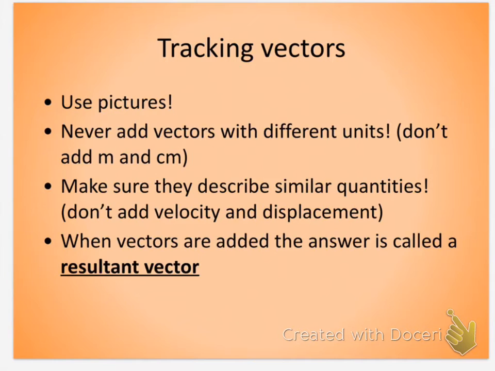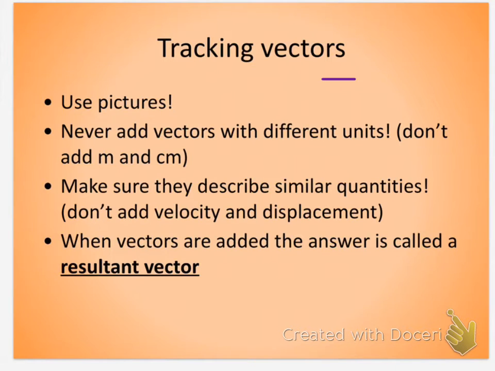That said, a lot of what we're going to do in this chapter is going to involve tracking vectors. So the maps that you made yesterday were a way of tracking vectors. When you're tracking vectors, and visual learners love this part, there are all kinds of pictures. You've got to draw a picture to make sense of the physical vectors.